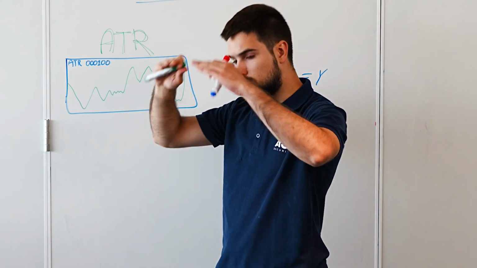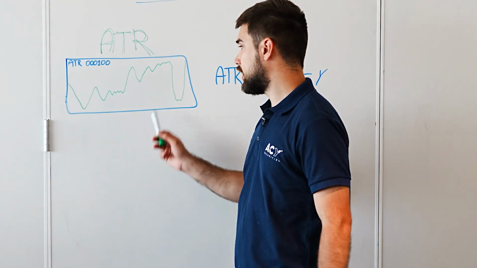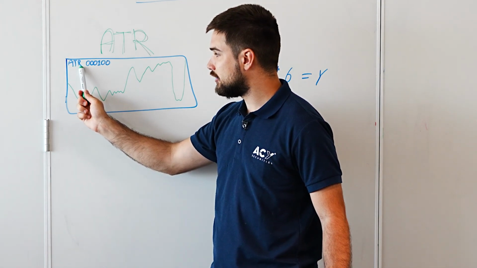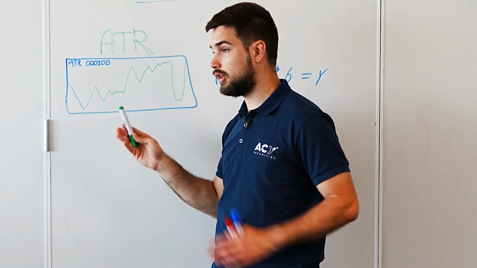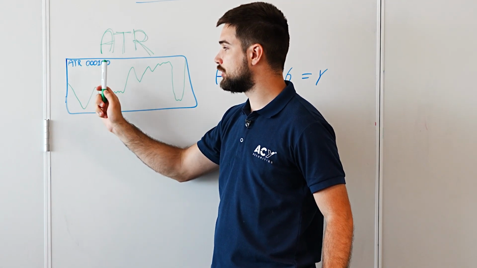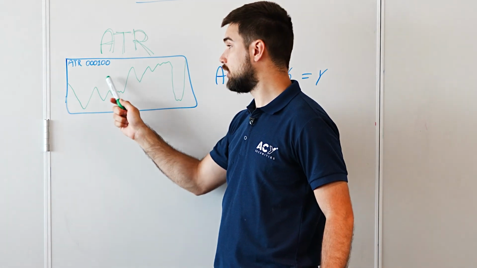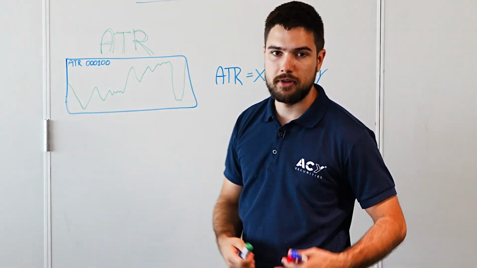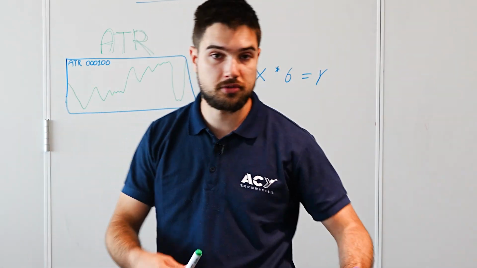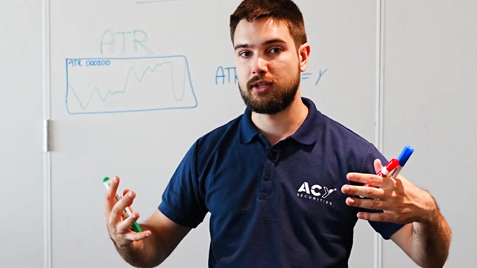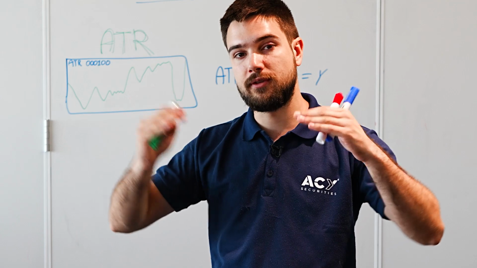Right at the bottom of the chart, you're going to have ATR on the left side, on the top, you're going to have ATR 000 and then a number. This number will be different from 100 because this is just an example, but it could be 200, 300, 30, 10, 1. It just depends which pair you're looking at, because remember, the volatility will differ.